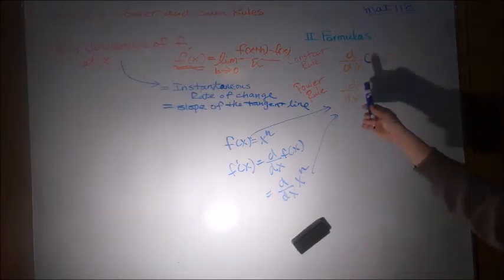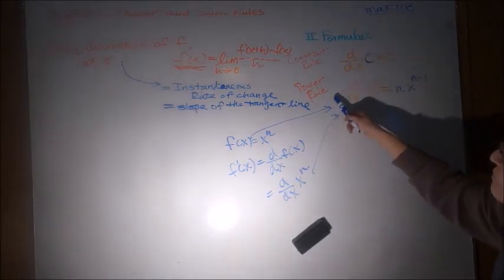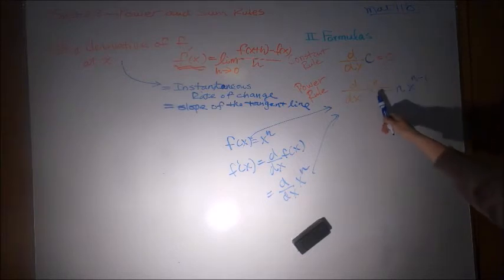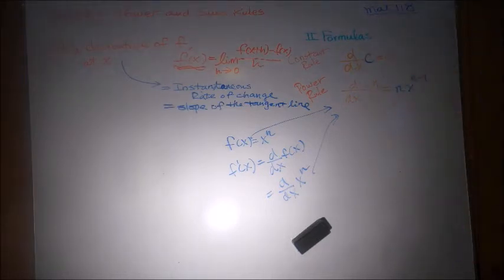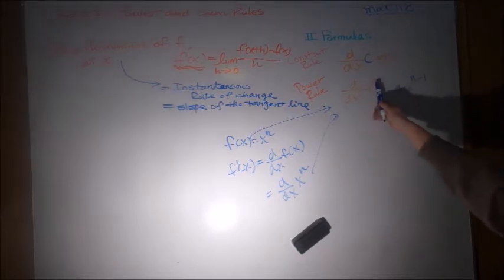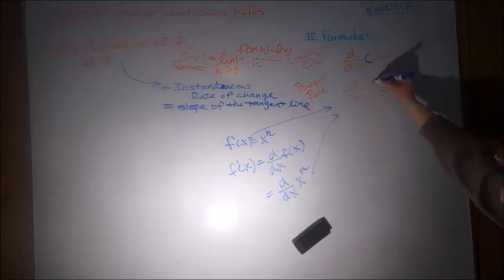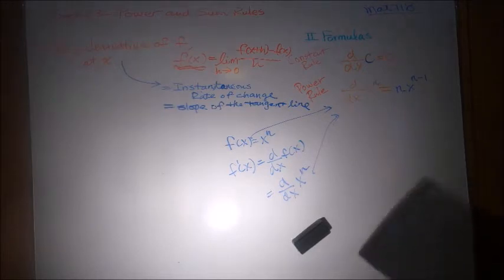So the power rule means for any single variable to the nth power, you drop 1 level, and whatever the power is, you move it to the front as your coefficient. That's what the rule says.